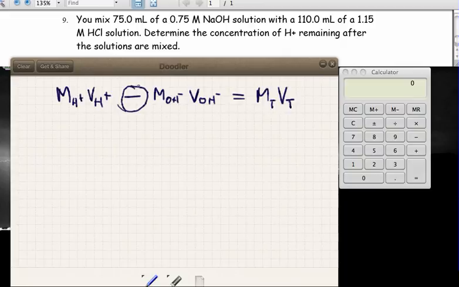Now, to figure out the molarity, I'm a big fan of solving things using variables.